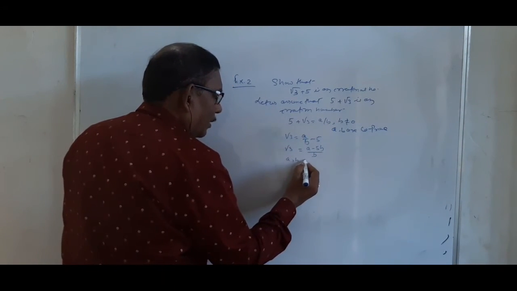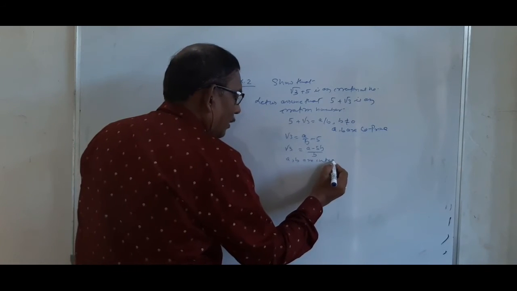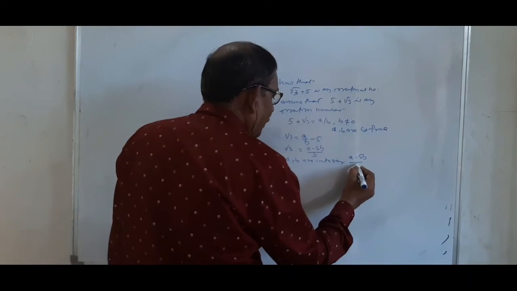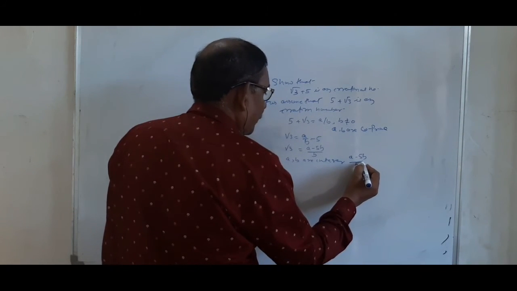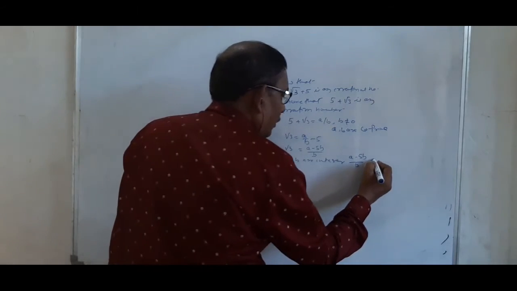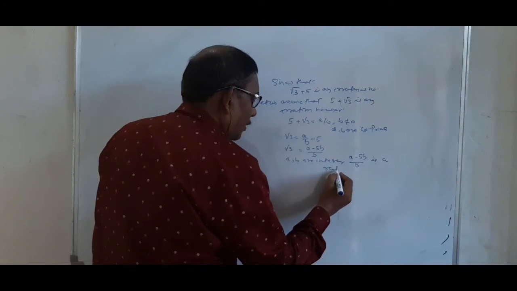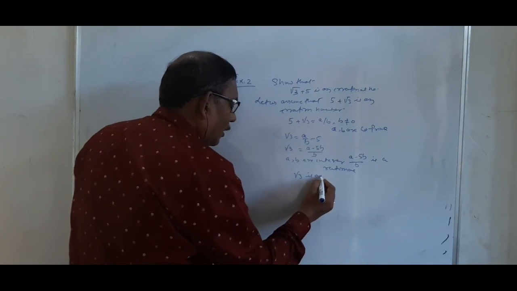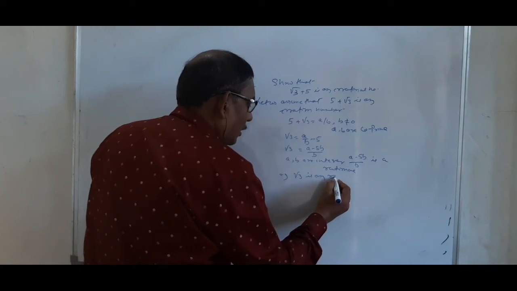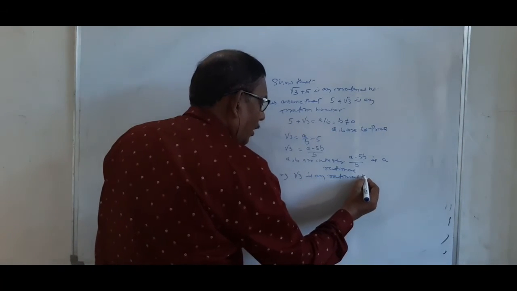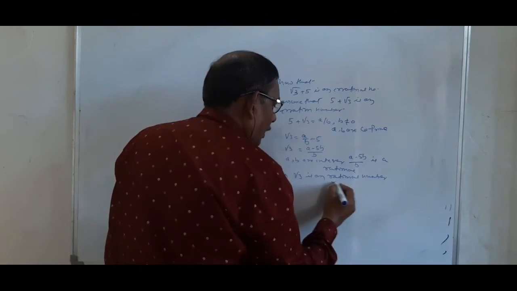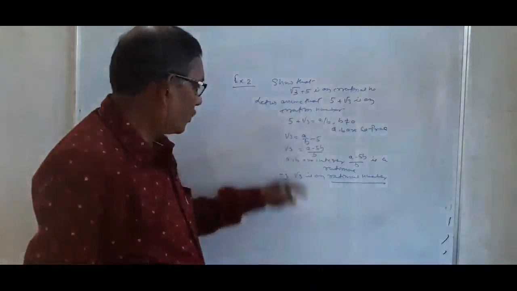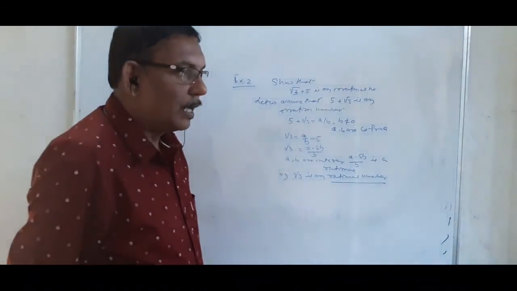Here a and b are integers, so a minus 5b by b is a rational number. It means root 3 is a rational number. But this contradicts the fact that root 3 is an irrational number, so our assumption is wrong.